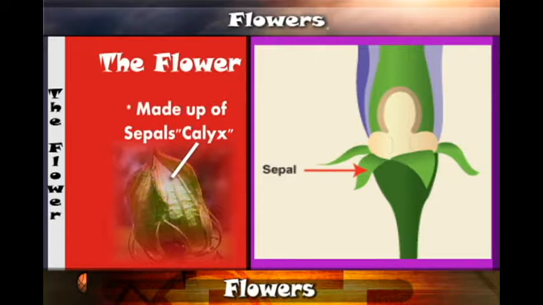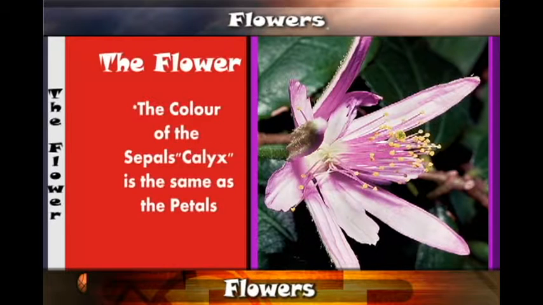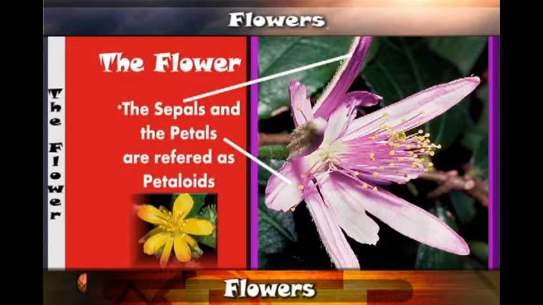At the stage when the flower is still young, or it is still in a bud stage, it is the sepals or the calyx that protects the flower. And if the colors of the sepals are the same as the colors of the petals, then we call those sepals the petaloid. We refer to them as the petaloid.